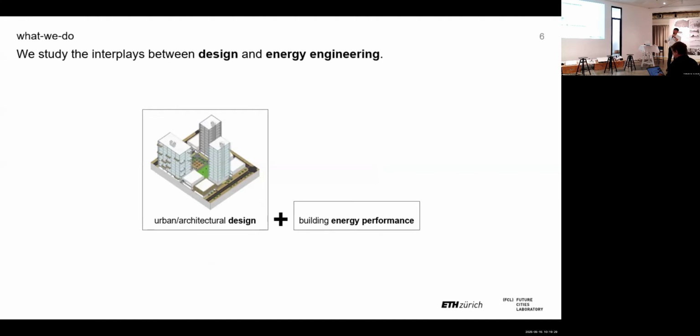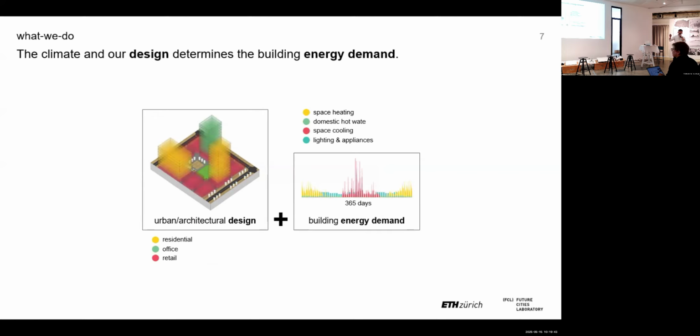So we studied the interplays between design and energy engineering. When we talk about this topic, the first thing that comes to our mind would be building energy performance. So for these urban quarters, if you dissect them into floor areas and the location of different densities, like spatially distributed areas, and also the land use types, let it be residential, commercial, retail, or whatever, it comes down to building energy demand, which also has attributes in space and time.